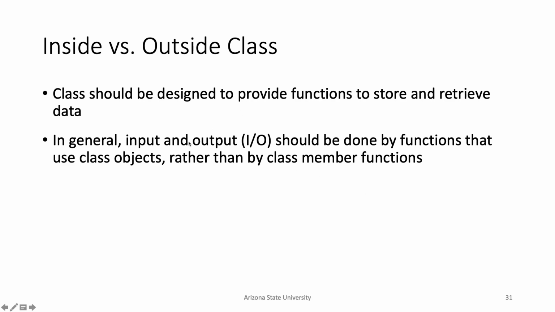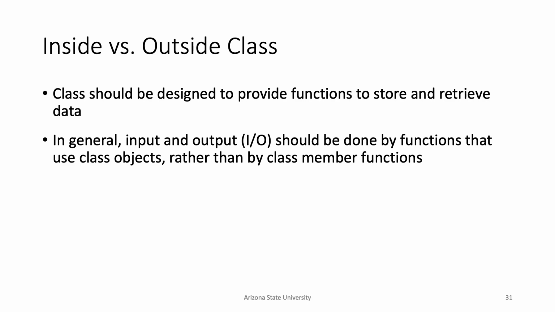So the reason we have the header and the CPP file is mainly to separate what you're defining the class to do and the actual implementation of the functions. So instead of just thinking about the object from an outside perspective, now we're inside the class and we need to think, well, how should we separate the things that we're defining the class to do and how it actually does them?